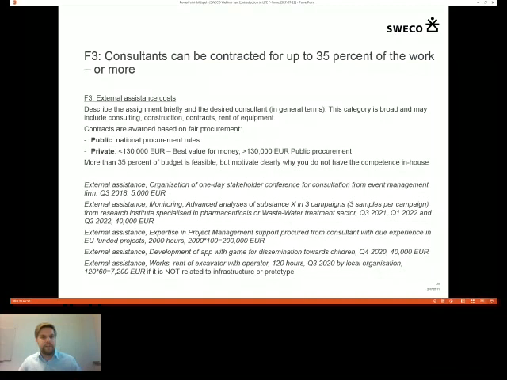You can also put monitoring. The monitoring actions need to be organized by someone in the project consortium, but this organization can subcontract, for example, research institutes that can carry out analysis of different substances. Here is one example of that. If we look back at the wastewater treatment plants, we would like to make analysis of the substance X during 3 campaigns.